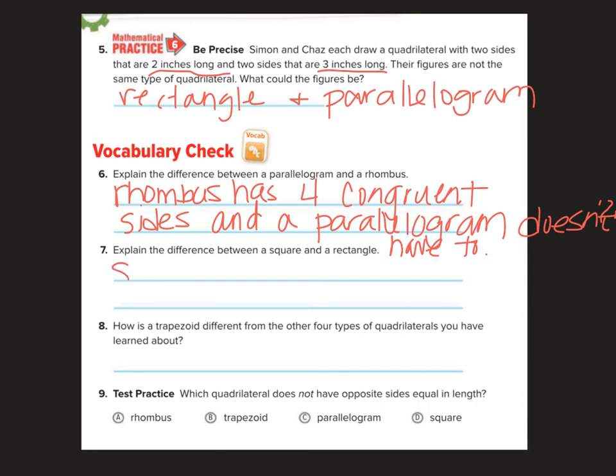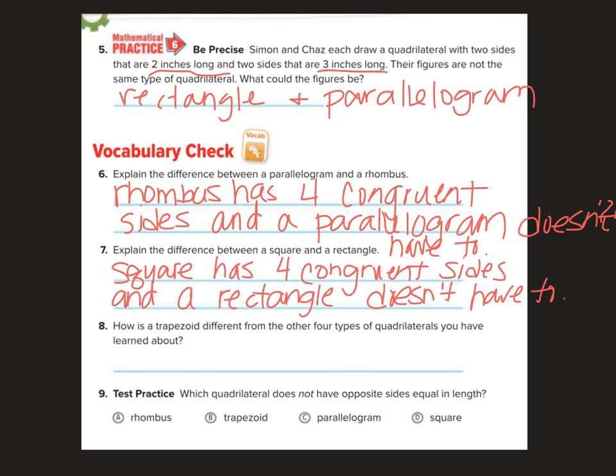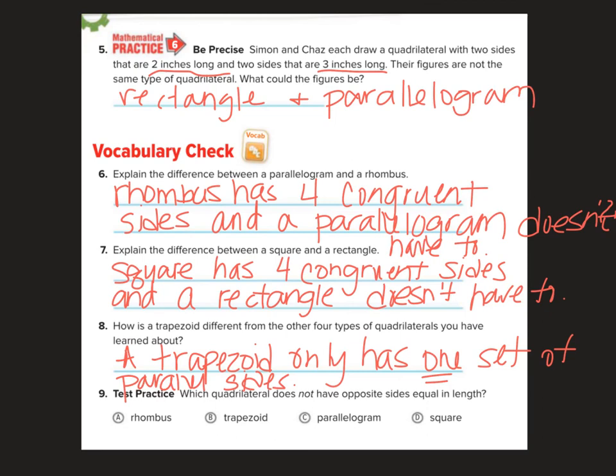So a square has 4 congruent sides, and a rectangle doesn't have to. How is a trapezoid different from the other 4 types of quadrilaterals you have learned about? So a trapezoid only has 1 set of parallel sides, and the rest of the quadrilaterals have 2.